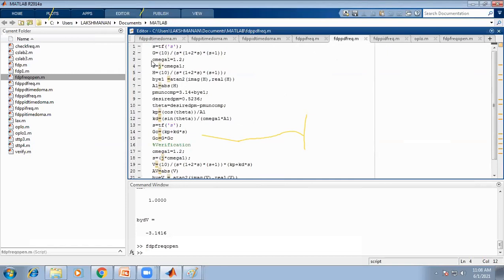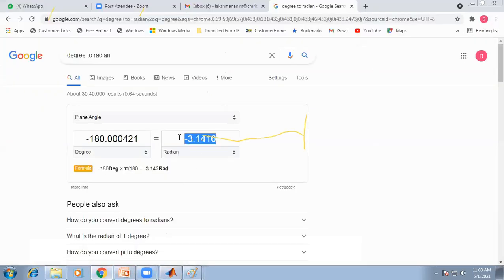Here I have two specs: omega equal to 1.2, and the desired phase margin, which I'm writing in radians. Let me check in terms of degrees: 30 degrees.